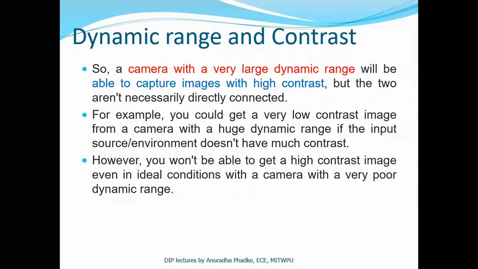But if you have a camera with low dynamic range, it is not possible to get that high contrast image because of the limitation of your capturing device. If your camera has low dynamic range, it cannot capture high contrast images. So basically this is the difference between dynamic range and contrast. Hope you are getting the difference.